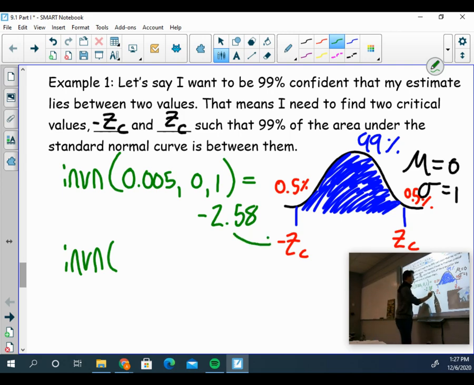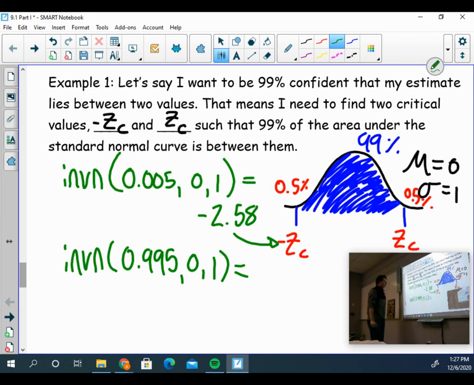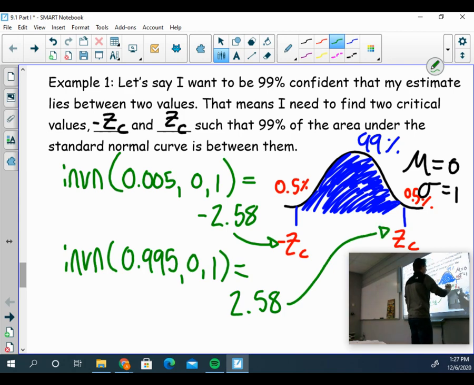For my right value on my standard normal curve, 99.5% of the data lies to the left of that. So I plug in 0.995 as my area left, 0, 1, and I get 2.58 as my right value.